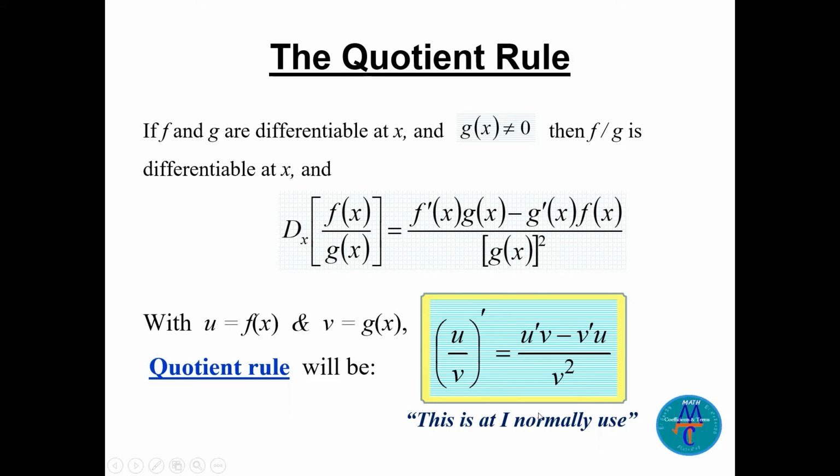Also, I use this way: (u over v) prime. If I need the derivative of a quotient, it is u prime v minus v prime u over v squared. Easy to remember if you like. u prime v minus v prime u divided by v squared.